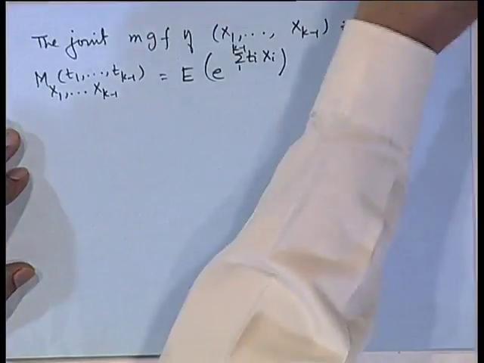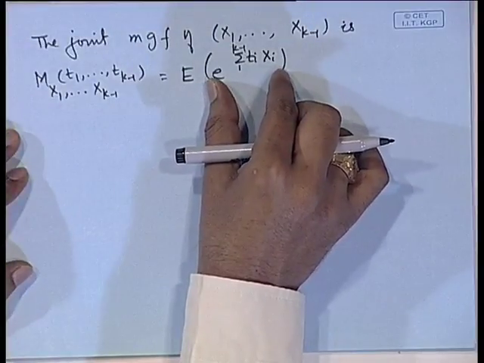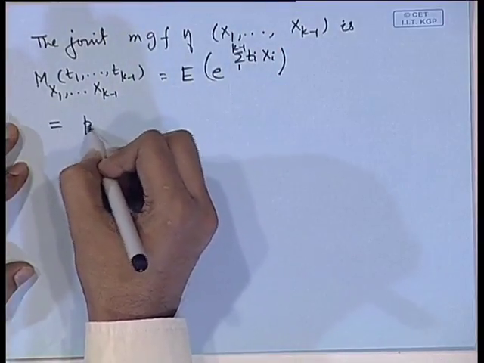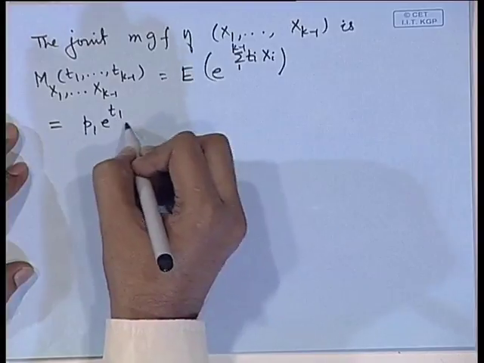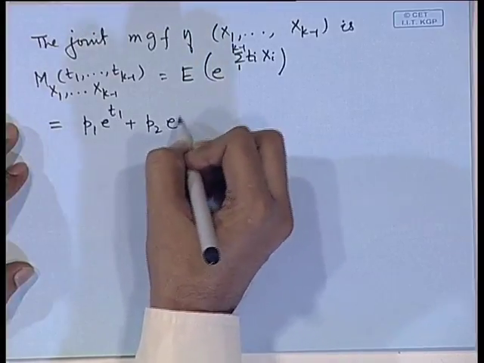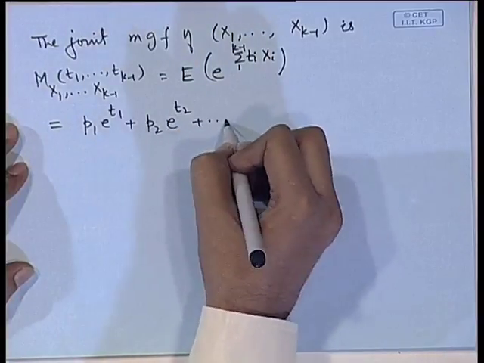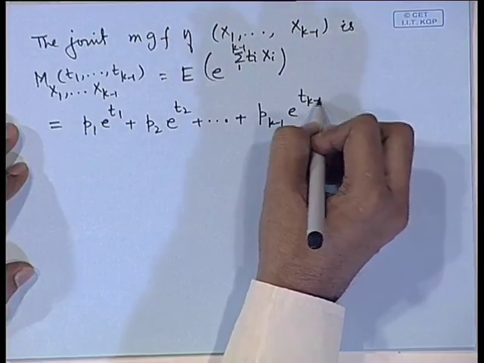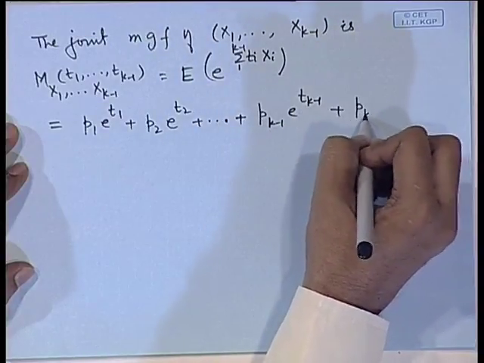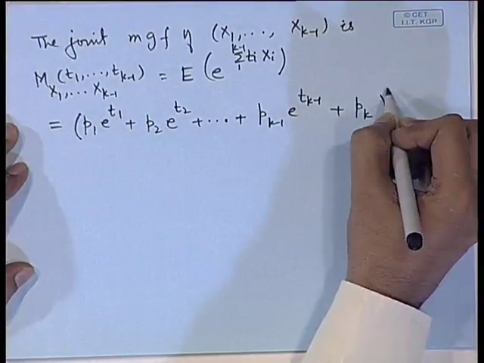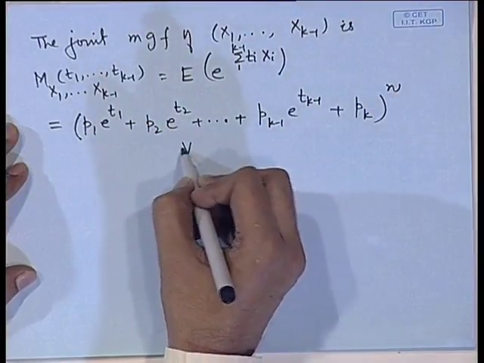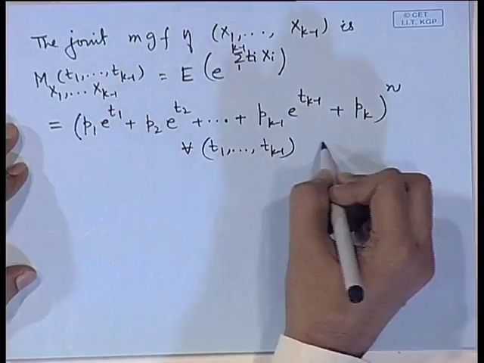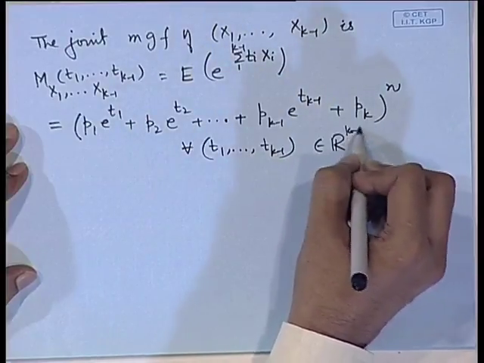So, if we want to calculate this term, it will become (p 1 e to the power t 1 plus p 2 e to the power t 2 and so on, plus p k minus 1 e to the power t k minus 1 plus p k) to the power n, and this is valid for all t 1, t 2, ..., t k minus 1 belonging to R k minus 1.